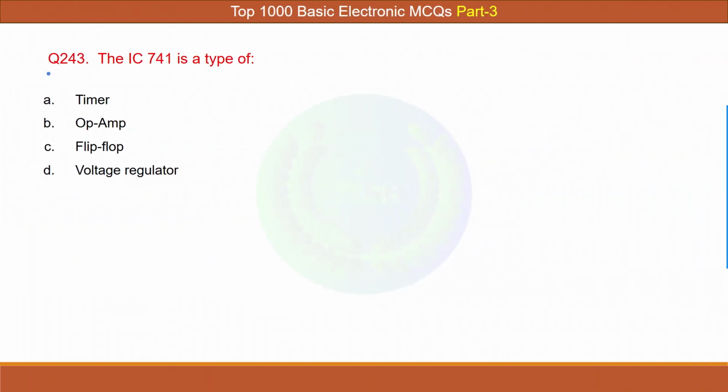Next question, question number 243. The IC 741 is a type of option A timer, option B op-amp, option C flip-flop, option D voltage regulator. The answer is option B op-amp. It is an op-amp IC.